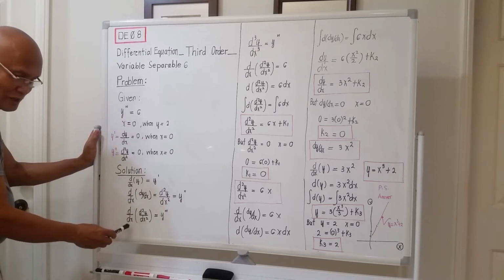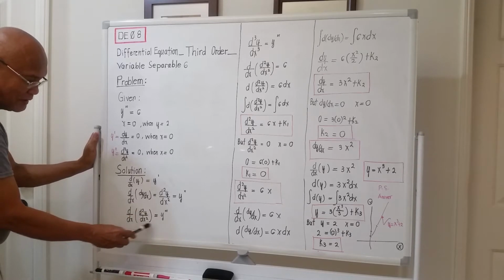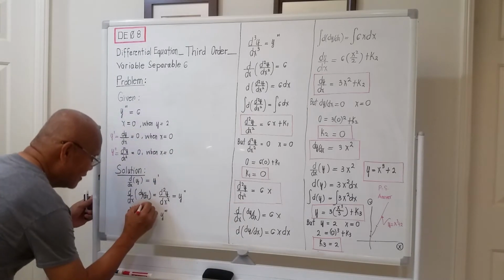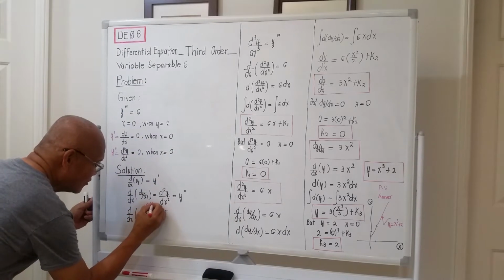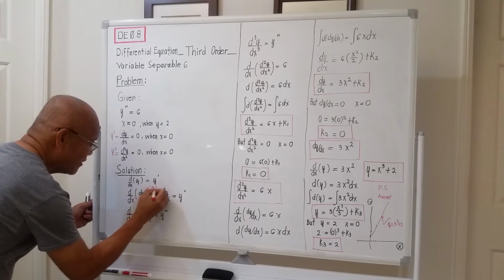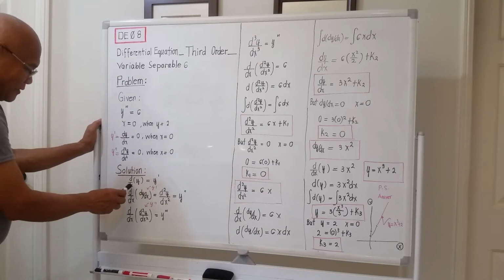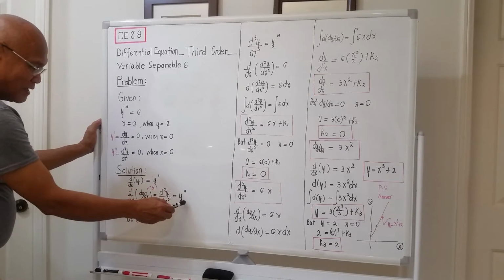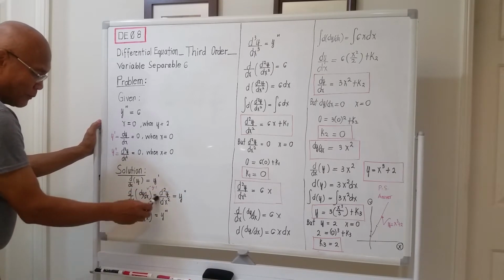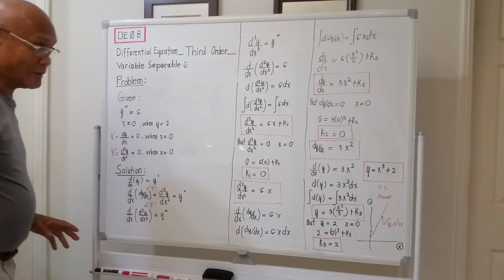And the derivative with respect to x of d square y over dx squared is y triple prime. You got it, guys? Meaning the derivative with respect to x of y prime is just y double prime, and the derivative with respect to x of y double prime is y triple prime. That's the trick of the solution.